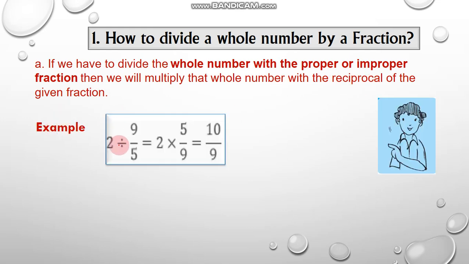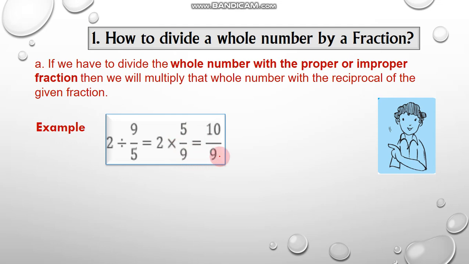For example, this is one division: 2 divided by 9 by 5. Now as said above, dividing by a fraction means multiplying by the reciprocal of that fraction. So 2 multiplied by the reciprocal of 9 by 5, which is 5 by 9, gives you an answer as 2 5s are 10 and 9 as the denominator.